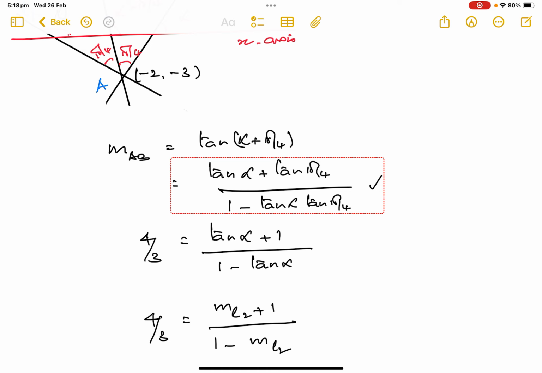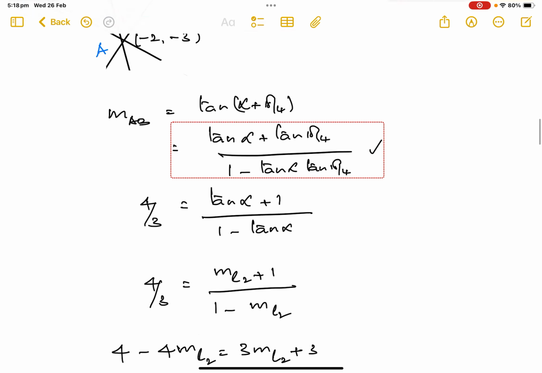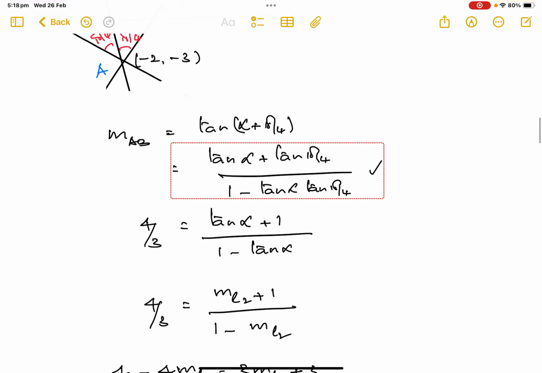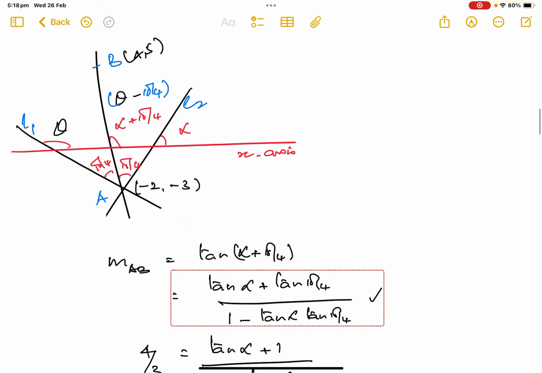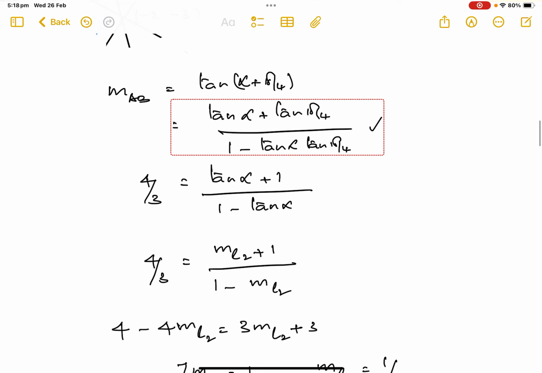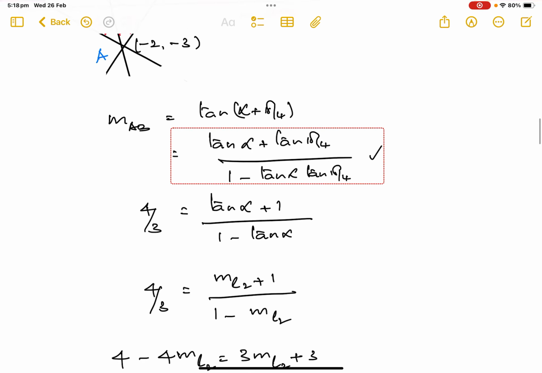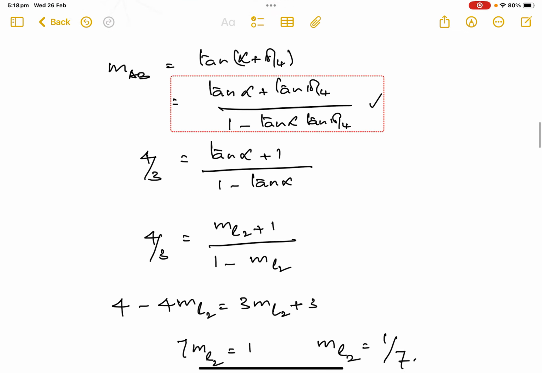So tan alpha plus tan 45, and tan pi by 4 is 1, over 1 minus tan alpha. If we cross multiply, here we go, tan alpha is the gradient of L2. So it is ML2 plus 1 over 1 minus ML2.